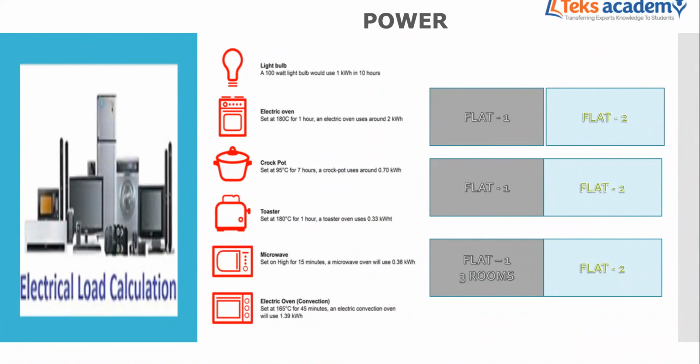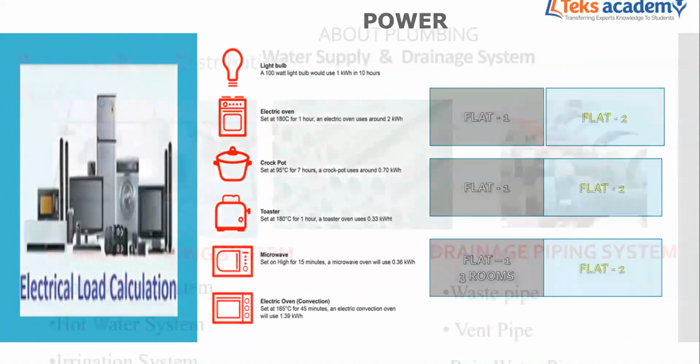You can see for the light bulb it is 100 watts, and in 10 hours, 1 kilowatt-hour of energy is consumed. Go through this, like for electric oven, crock pot, for every electrical equipment there is a particular standard value given by the standard higher authority.